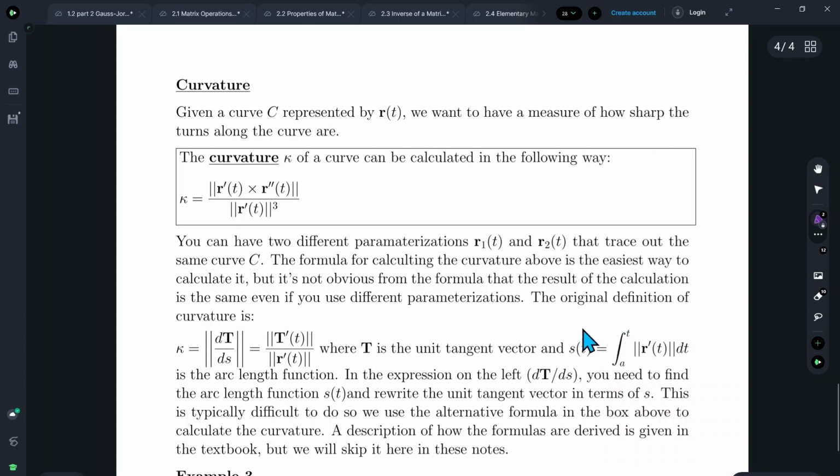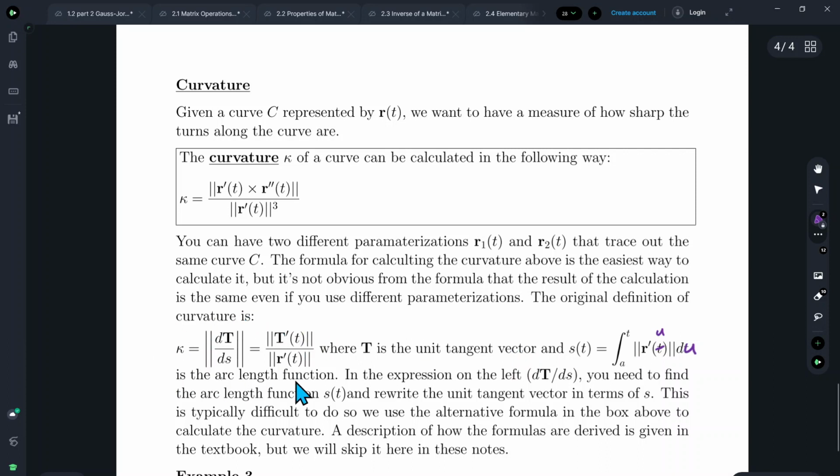There's actually a slight mistake here, because if I'm using the variable t here for the arc length function, this variable has to be a dummy variable, so you have to use a different variable, like u or something. But in any case, this would be the arc length function, where basically this calculates how the length of the arc increases as you move along the curve.